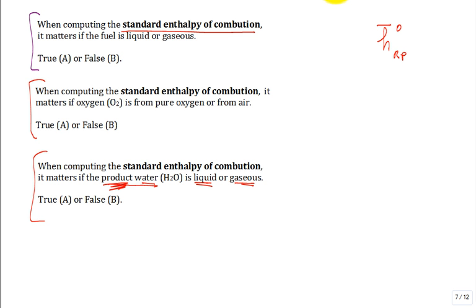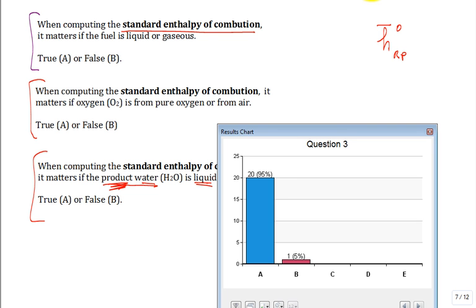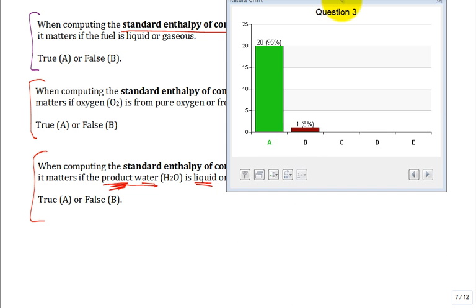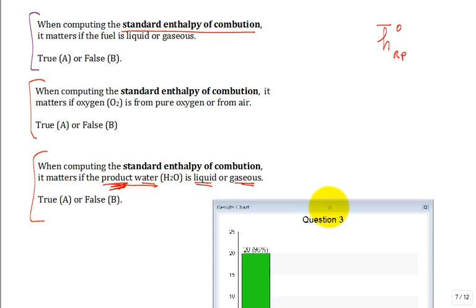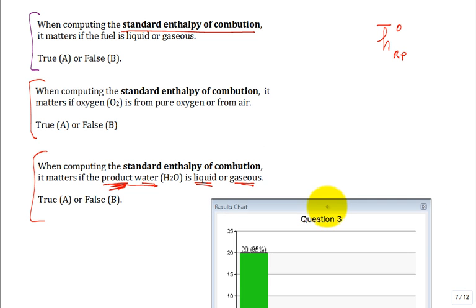Too easy? That's okay. You like to boost your little clicker score. It does matter because it did change the enthalpy of formation of that product, water.